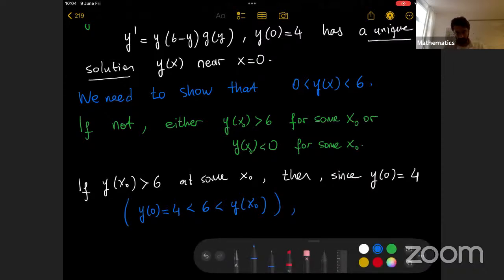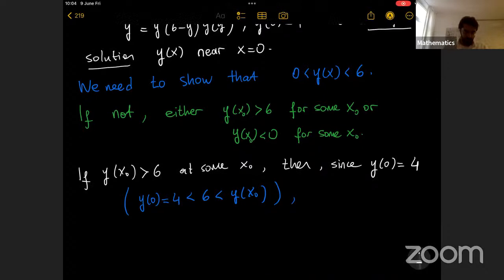Intermediate value teoremi hatırlıyor musunuz? Diyor ki fonksiyon 0 ile x0 arasında bir noktada 6 değerini alır, çünkü y sürekli bir fonksiyon. Existence uniqueness teoremi aynı zamanda çözümün sürekli olduğunu da söylüyor.